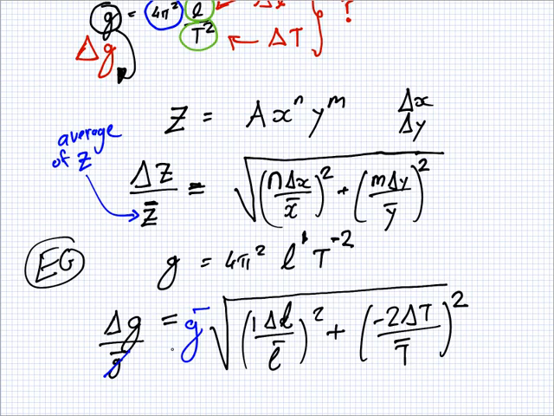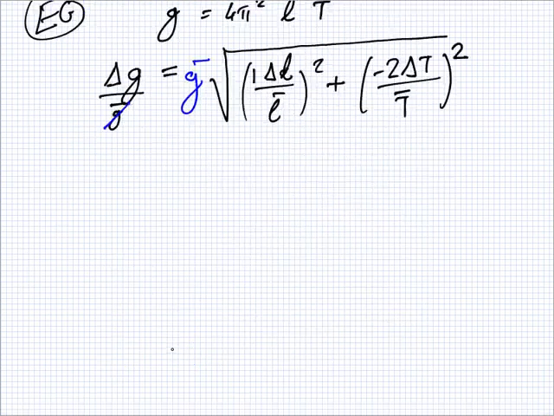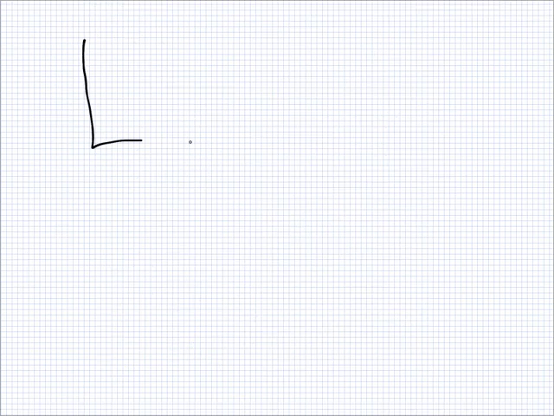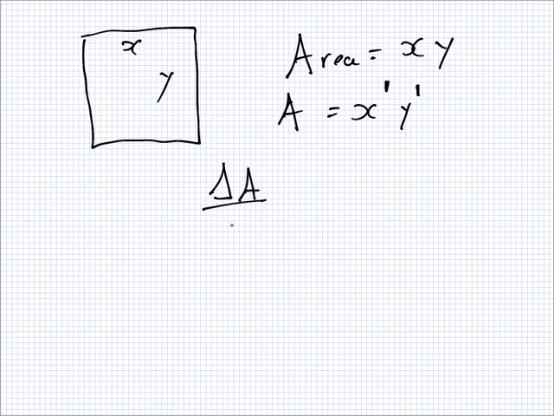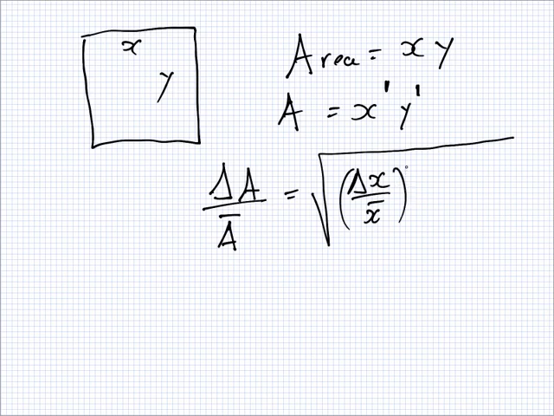Yeah? Let's have a look at an example with numbers. So we'll go back to the example with the area. So this is x and this is y. So what's the formula for area? That's x multiply y. So the formula for area is x power 1, y power 1. So uncertainty in area over my area is equal to square root uncertainty in x over x squared plus uncertainty in y over y squared.